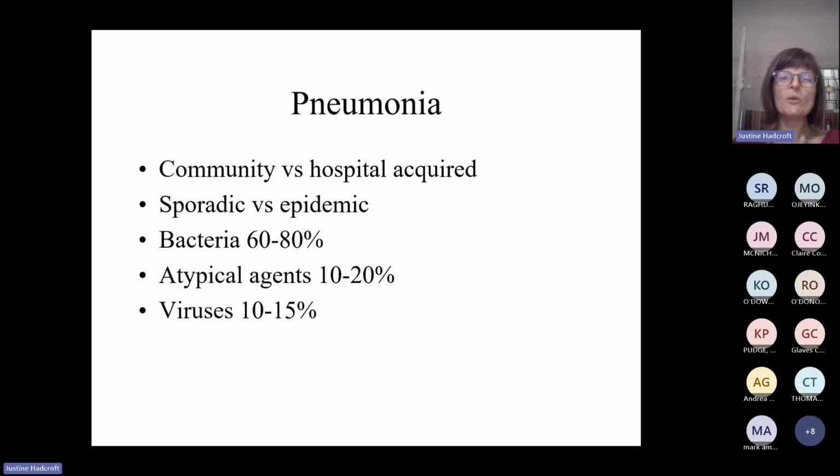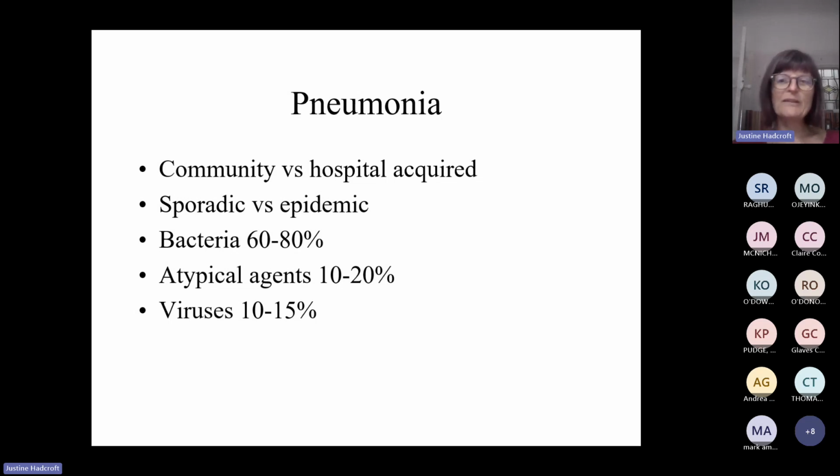When we talk about pneumonia, we're usually just talking about organism inflammation of the lungs. So it's usually bacterial, viral, fungal, rather than the non-infective causes of inflammation of the lung. So when we talk about pneumonia, we're talking about infections that affect the lung parenchyma.